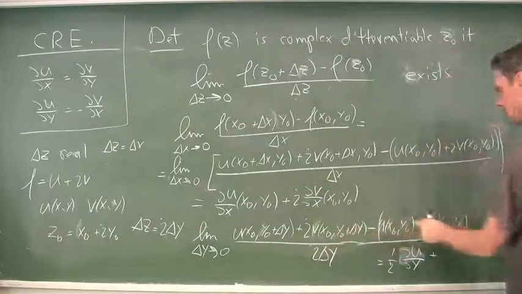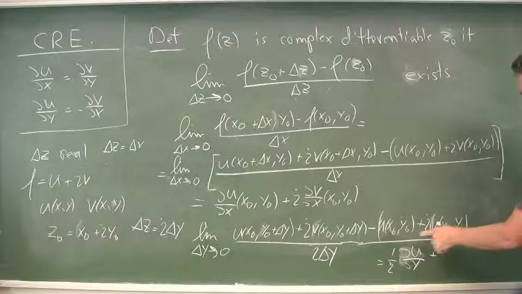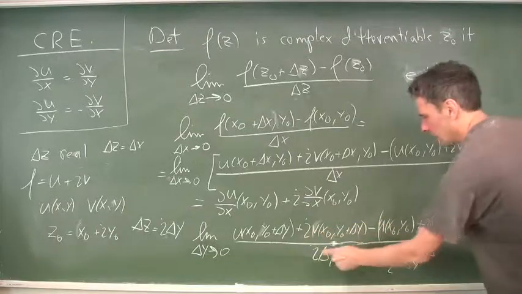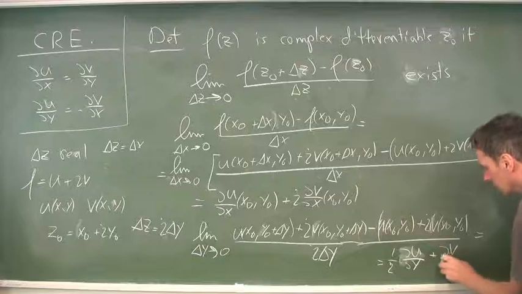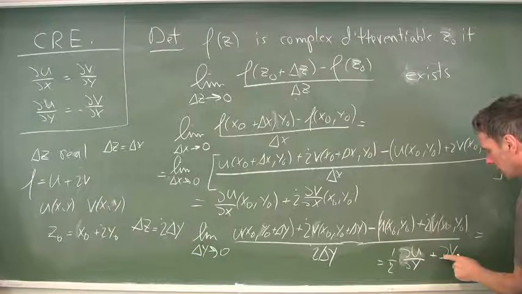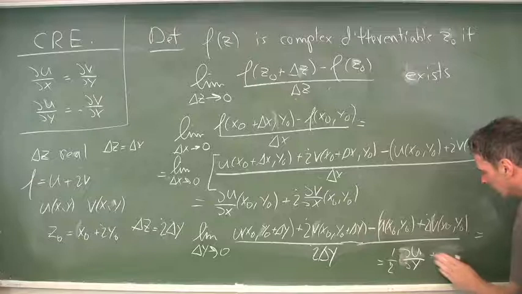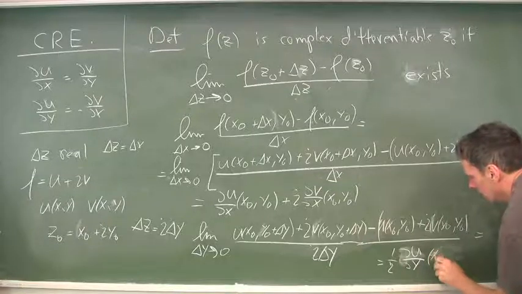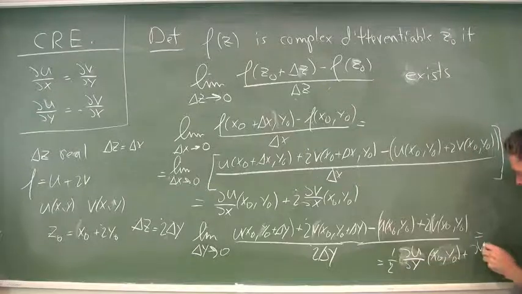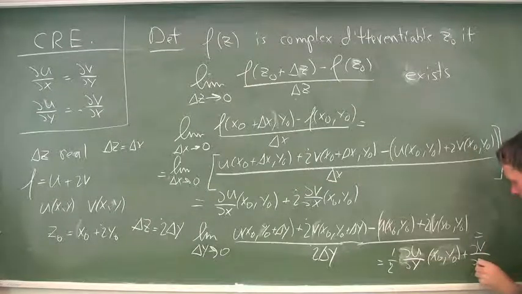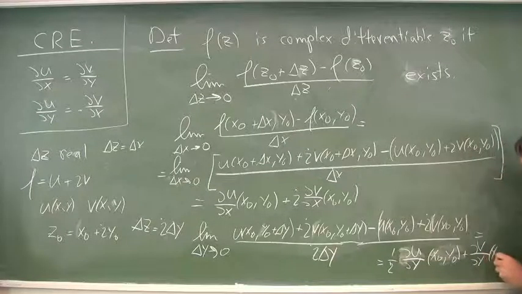And this term minus this term, here you see that all the i's cancel out. So this will just converge to the usual partial derivative of v, at the point x naught y naught. So you get the term del v del y at x naught y naught.